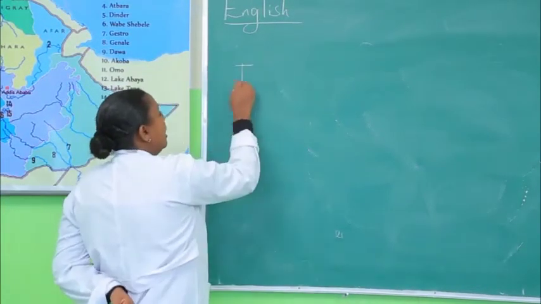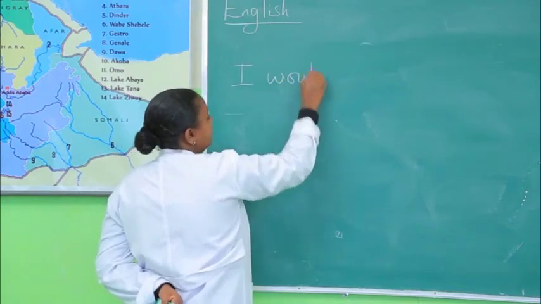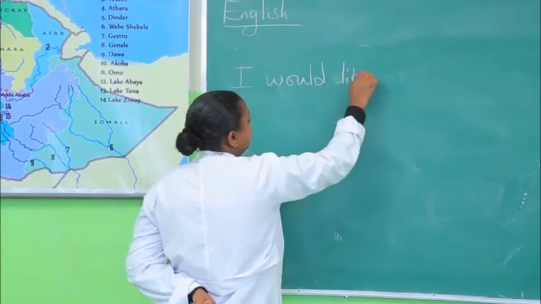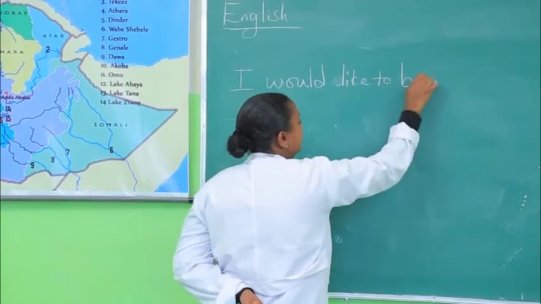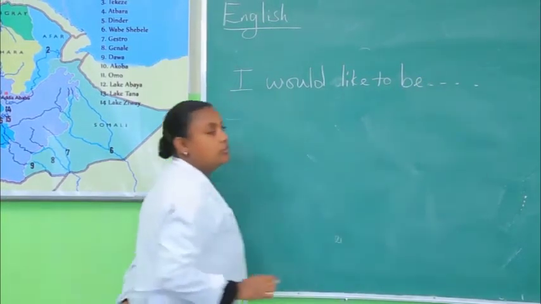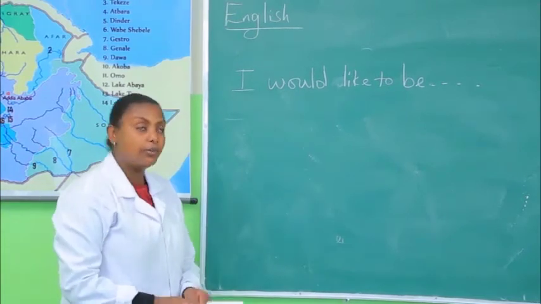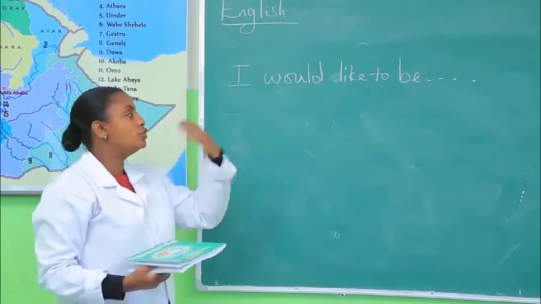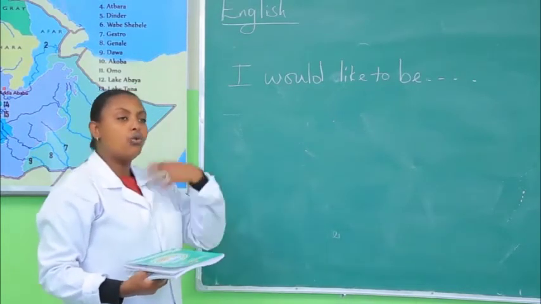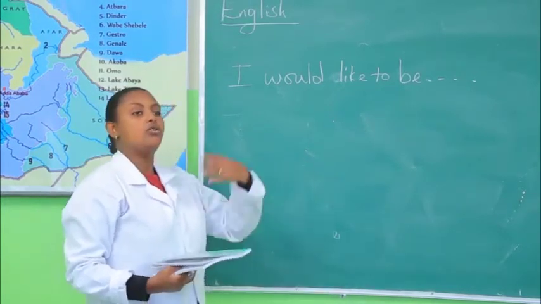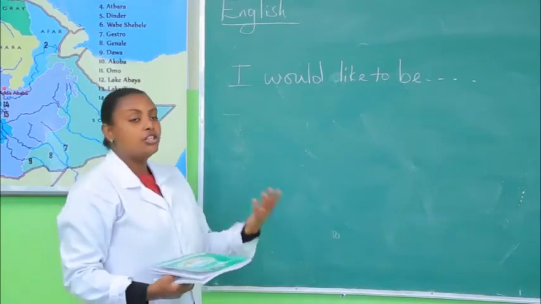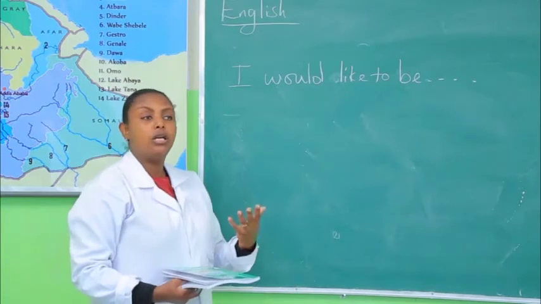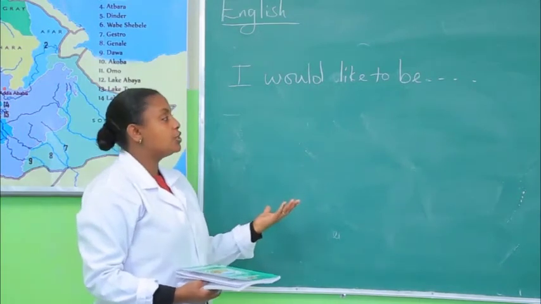So, "I would like to be..." you can fill in the blank by yourself, because what would you like to be in the future? Do you want to be a doctor, or a teacher, or an engineer, or a carpenter, or any other different professions we have?